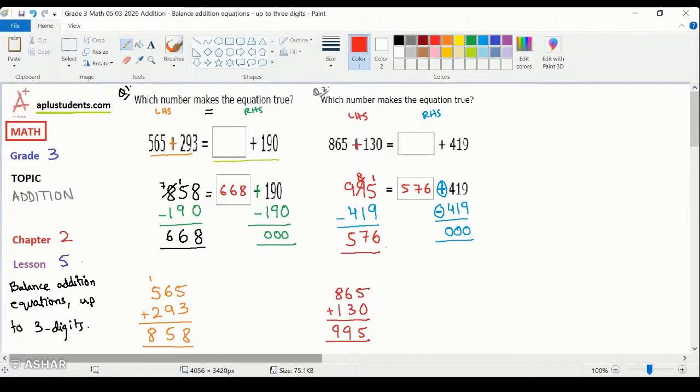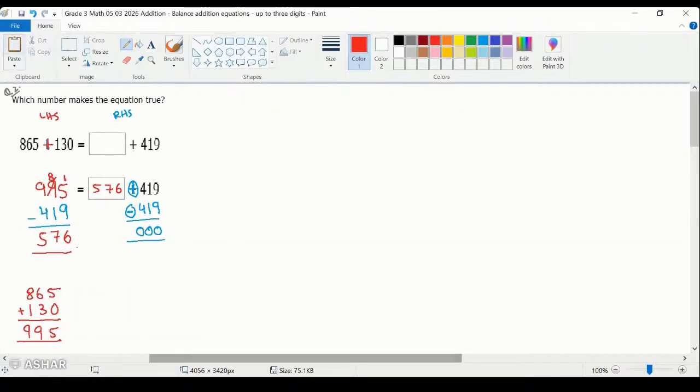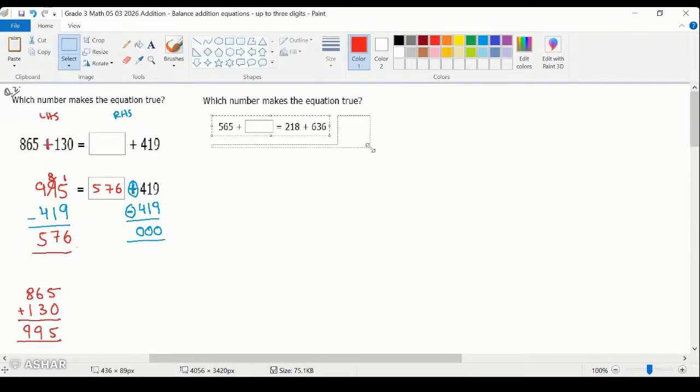When we look at the next question, question number 3, it says, which number makes the statement true? I'm writing the left hand side and the right hand side again and again so that we remember.